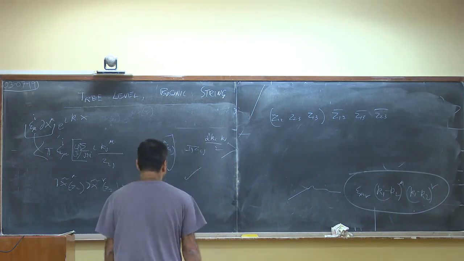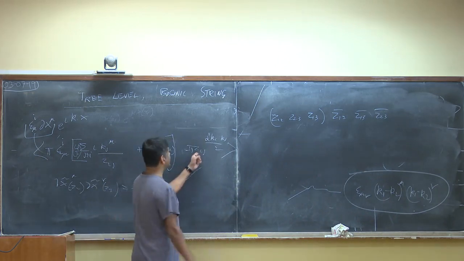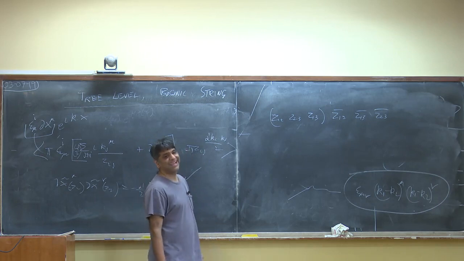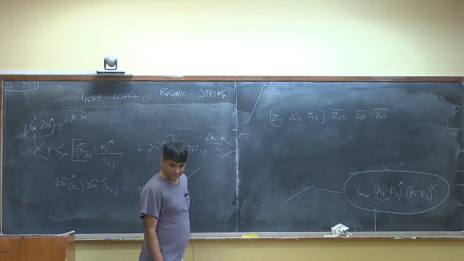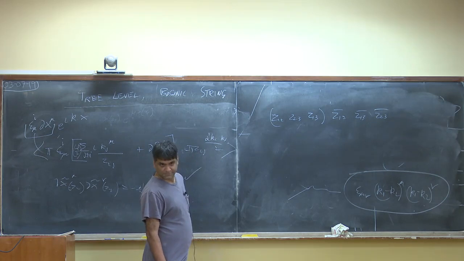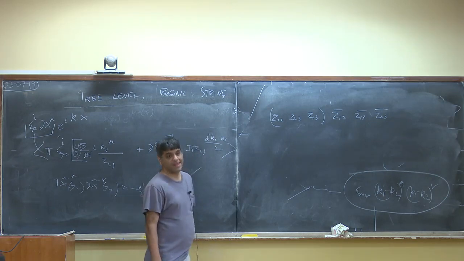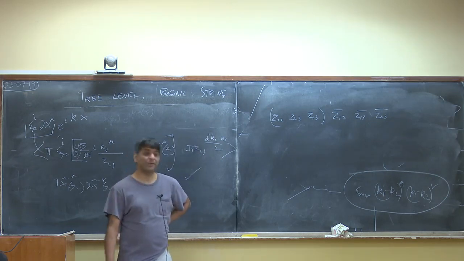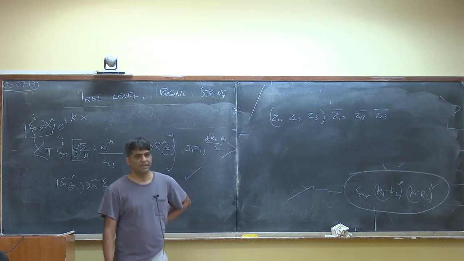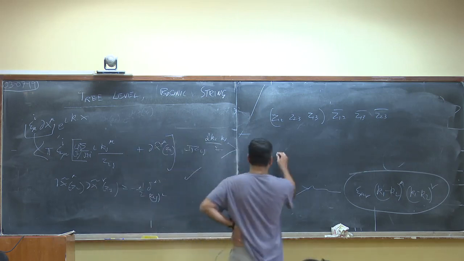That's our convention. Okay, so what about Z12? Z12 will be k1 dot k2. Okay, that will be proportional to k3 squared. Be careful.